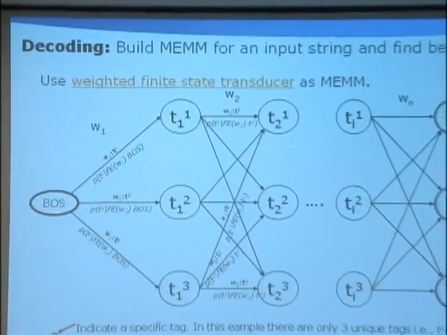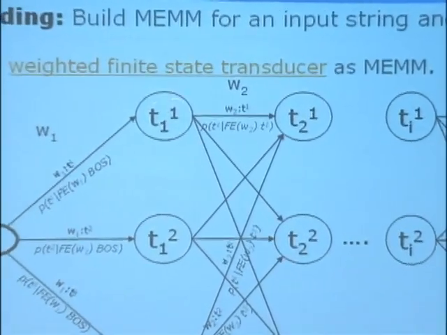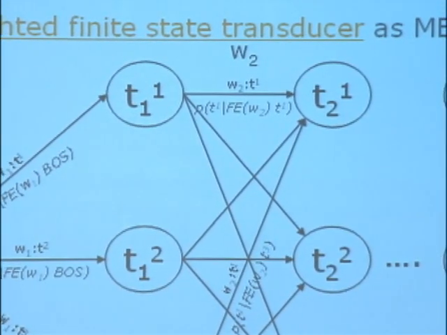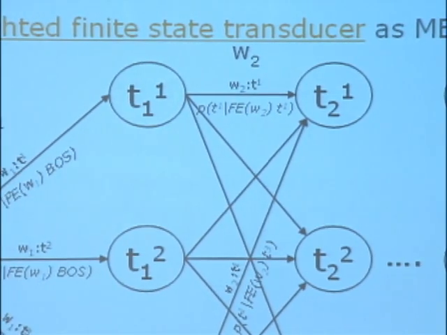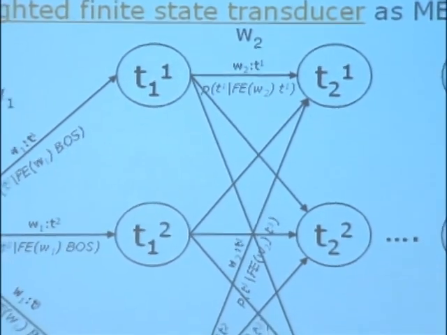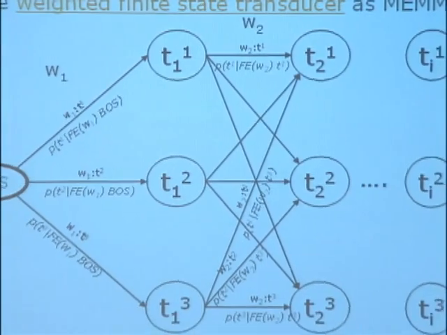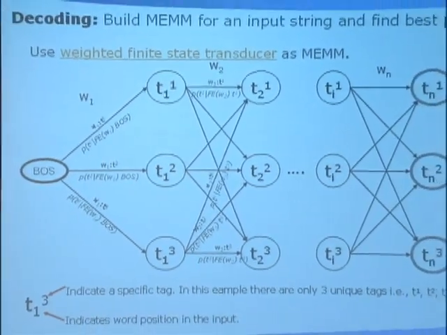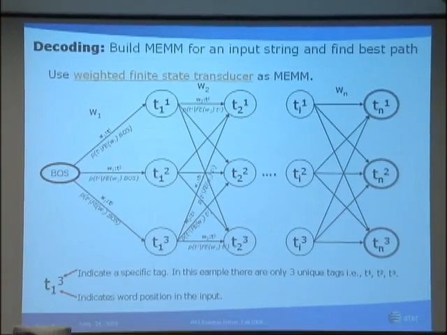So this becomes the history of decisions that you are considering, and this results in a search network, which you have to search through to get the best sequence of decisions from the beginning to the end.